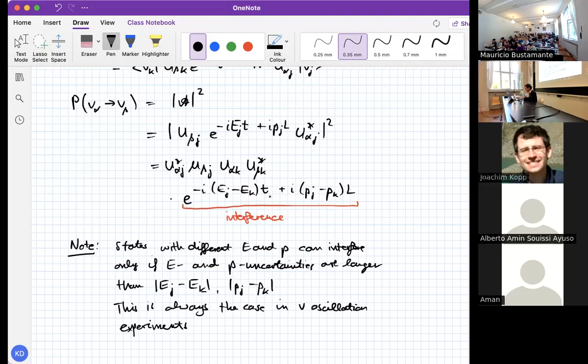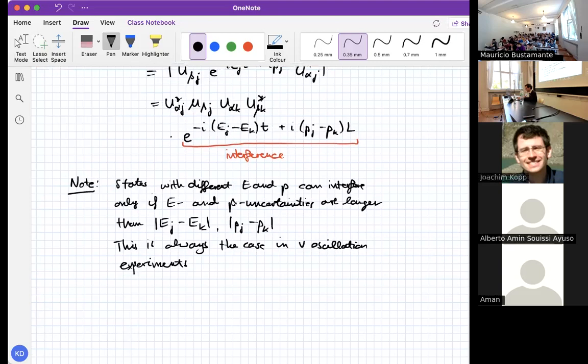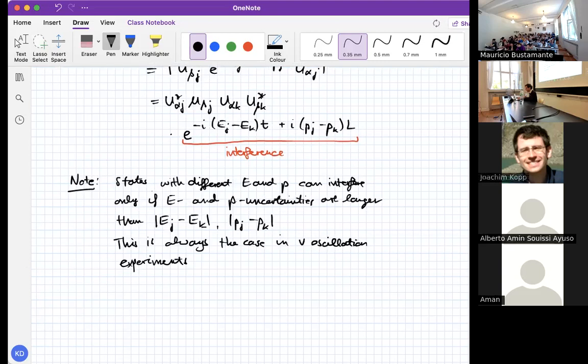Now, what is still a bit ugly here is we still have this dependence on time and distance, but typically we don't know t very precisely, just because there is typically a somewhat largish, or at least large enough, uncertainty in the exact time at which the neutrino was produced. Think about a typical accelerator neutrino experiment. You can maybe determine the time of neutrino production to the length of the bunch train in your accelerator.